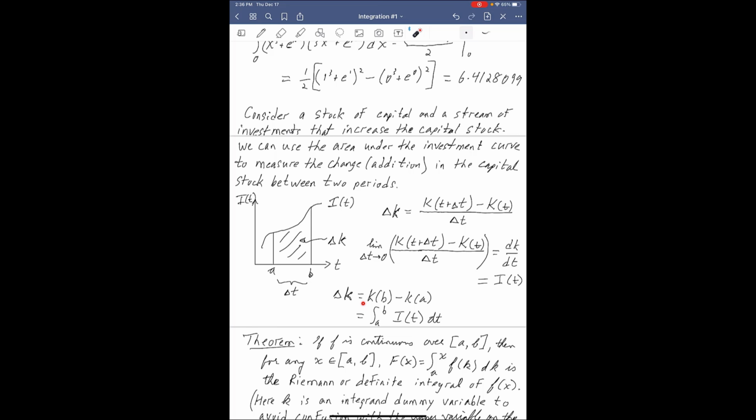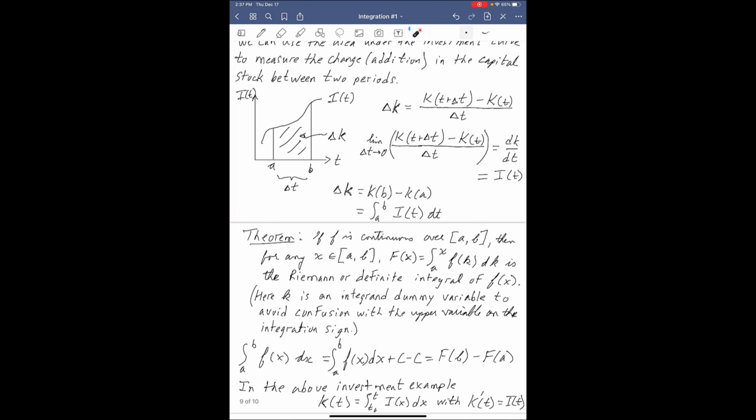So delta K is equal to K B minus K A. So it's the capital stock at B minus the capital stock at A, and that's given by the integral between A and B of this particular function. So it's the area under that function that we're interested in.